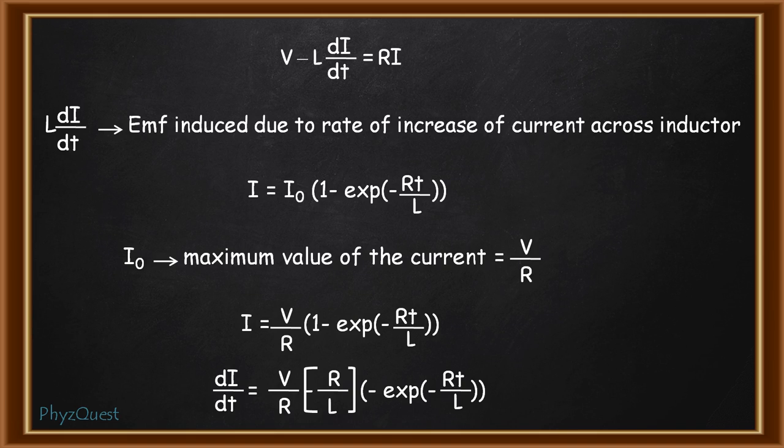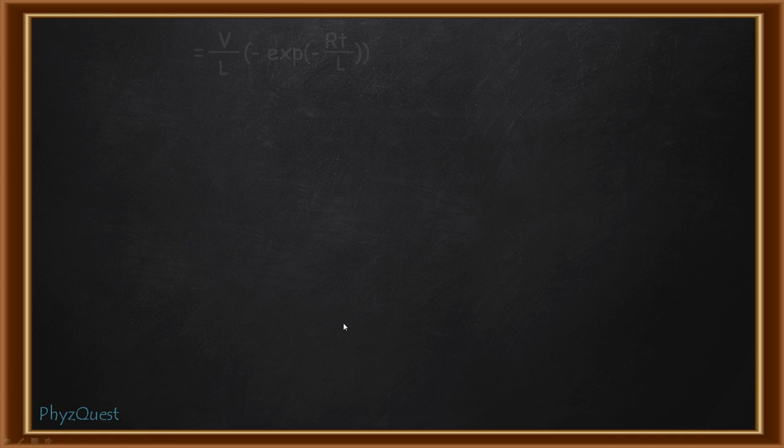See, in this expression, if you look here, if you take V by R to this side, I minus V by R is equal to minus V by R exponential of minus Rt by L. So exponential of minus Rt by L will be equal to 1 minus R by V into I. So this we can put in this relationship.